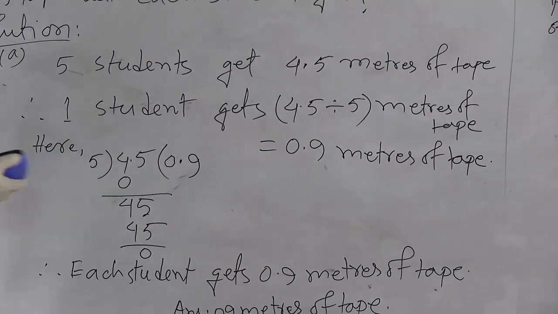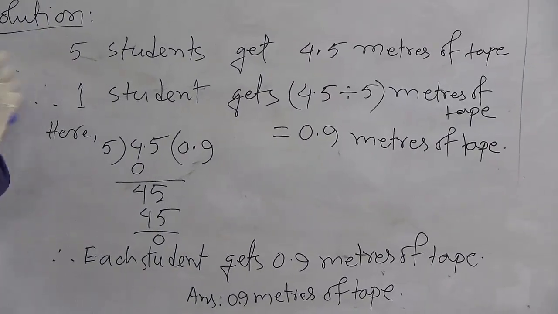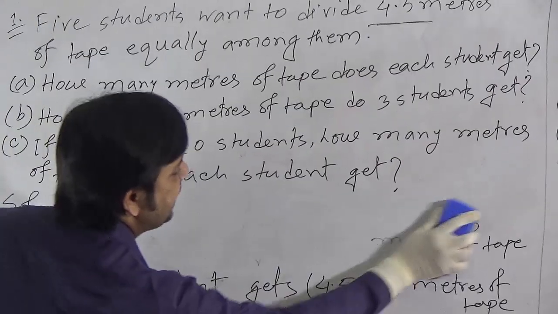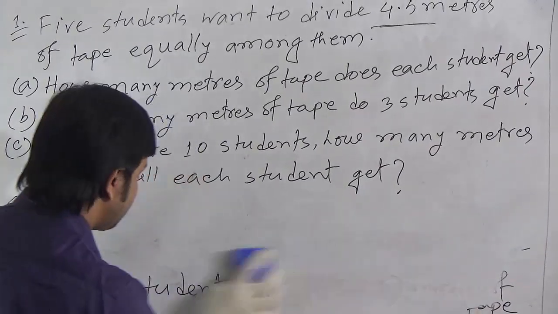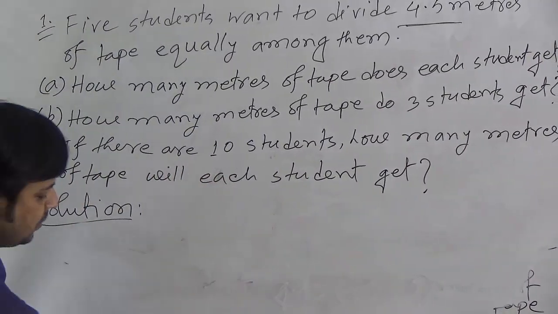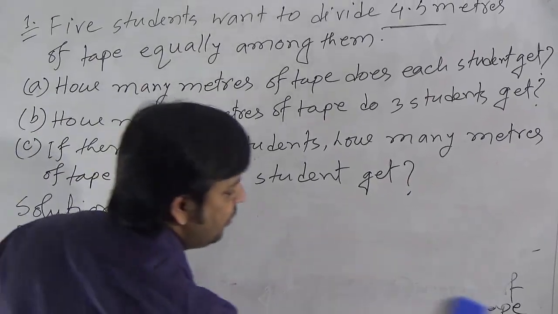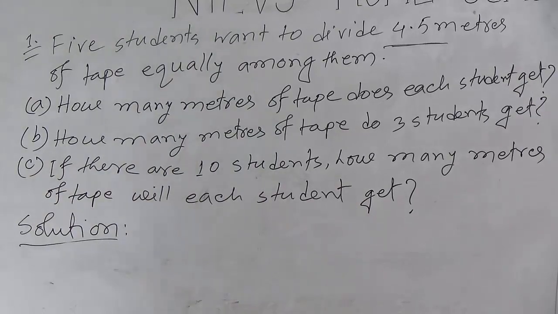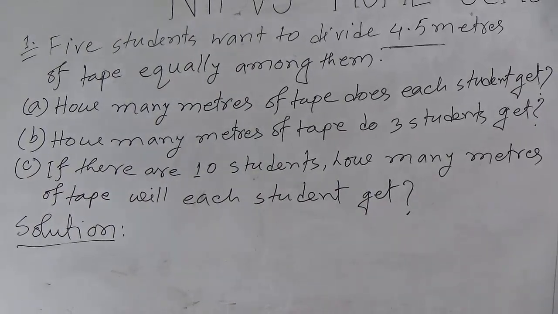Let us see the question B. Question B is, how many meters of tape do 3 students get? From A, we know each student gets 0.9 meters of tape.